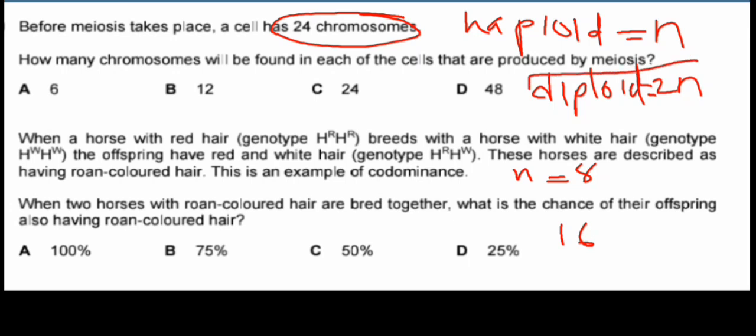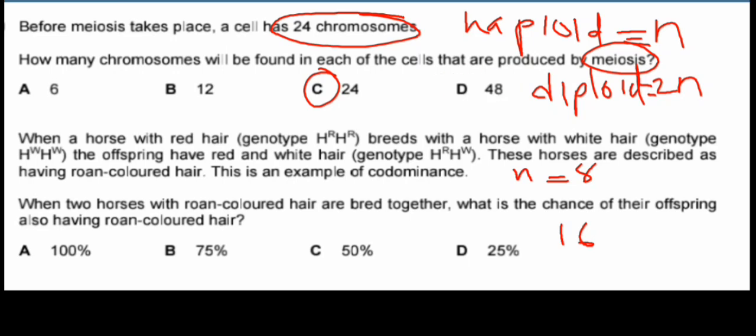When I say diploid, it is just 2 times the haploid or monoploid. So the answer here is just going to be 24, because we're talking of meiosis and the number of chromosomes are going to stay the same. If the question was talking about mitosis, the answer would have been D, which is 48.